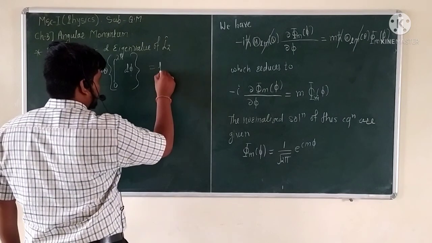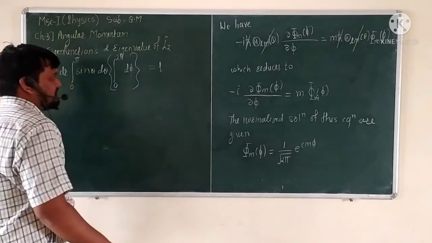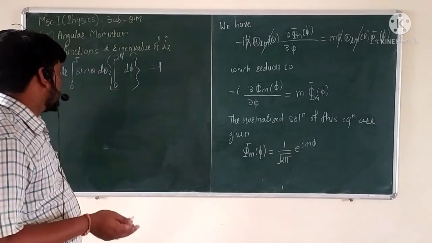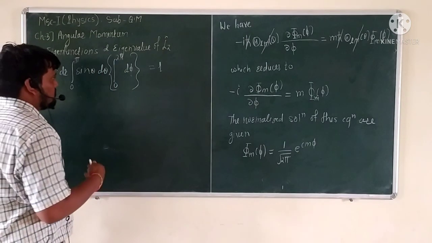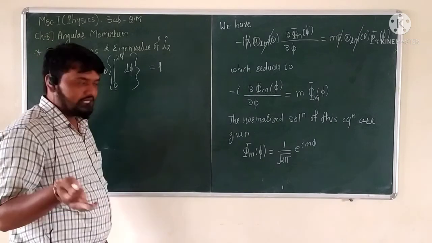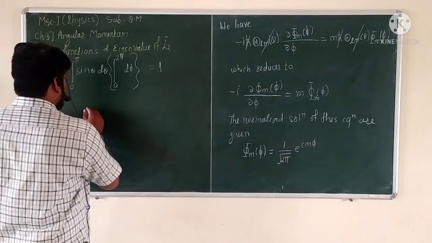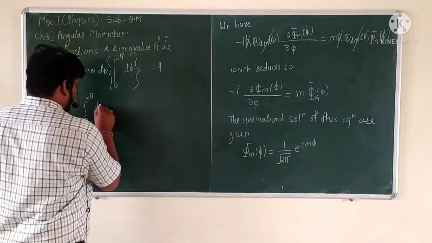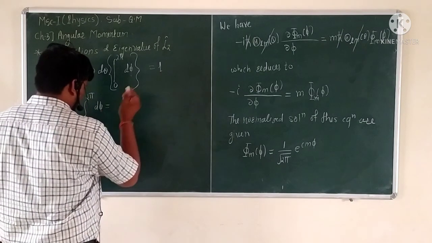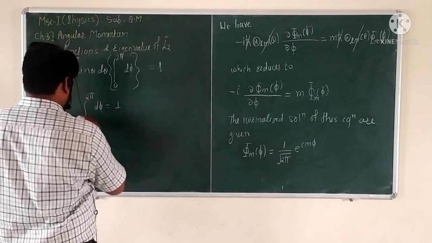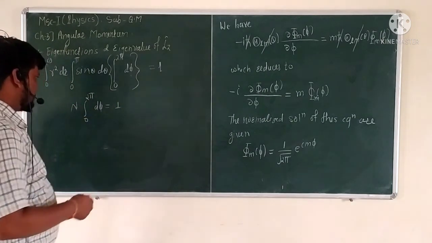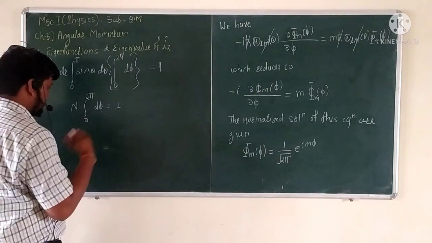This equation gives the probability, a finite value equal to 1. To find the normalization value, we take the integration limit 0 to 2π of dφ equal to, for example, 1 with some normalization constant, capital N.